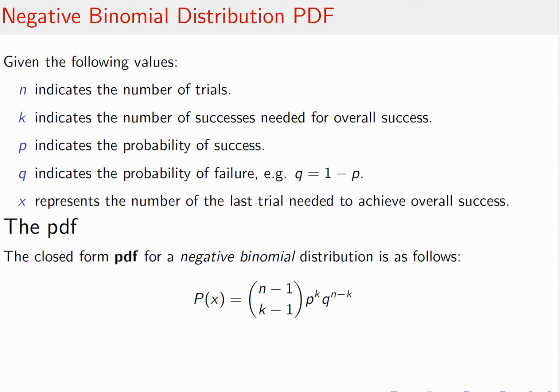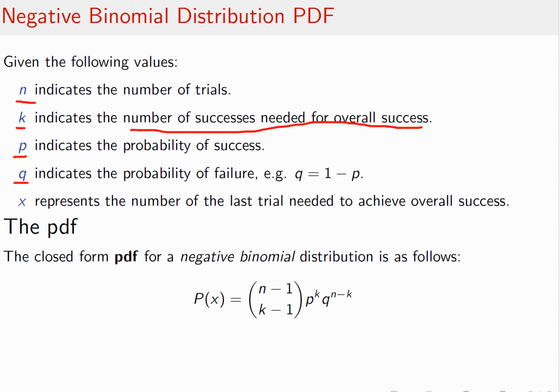So the negative binomial distribution is similar to the geometric distribution, except the geometric has a single success criteria. The negative binomial has a multiple success criteria, right? So if lowercase n represents the number of trials and k indicates the number of successes needed to achieve that overall success, p is the probability of success, q is the probability of failure.